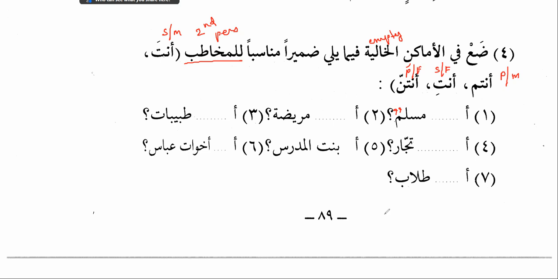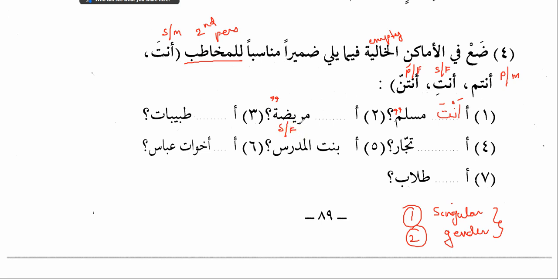So two things you need to keep in mind. Number one, what type of noun is this? It is singular, yes. And the second thing you need to see is gender. Then you decide which pronoun you are going to put. So this is singular and male, so we will use anta. Anta. A dash maridatun. So this is singular and feminine.